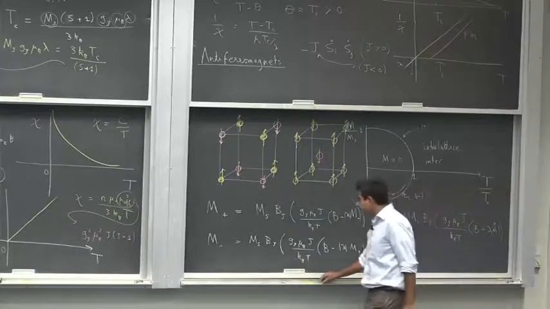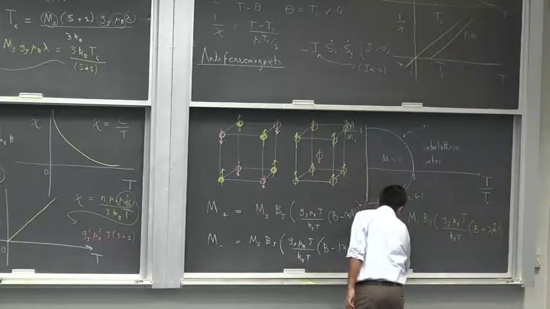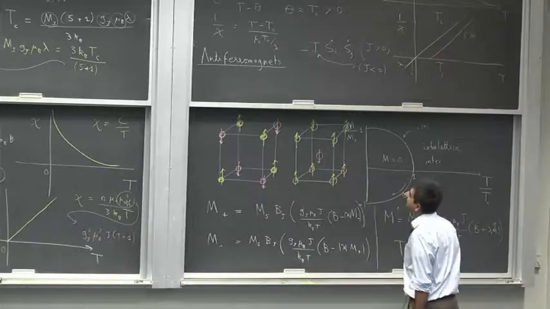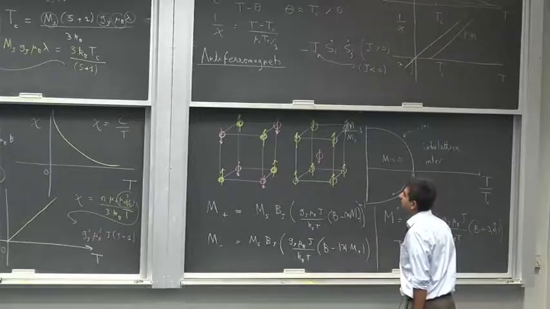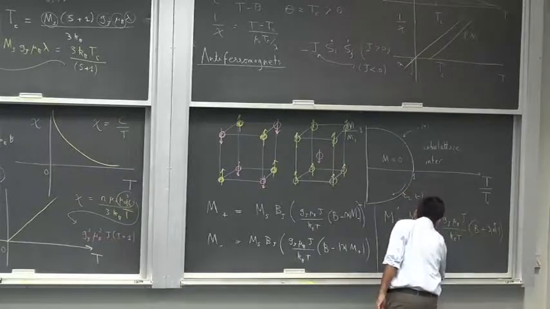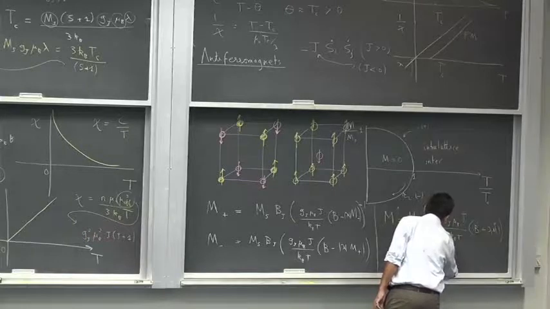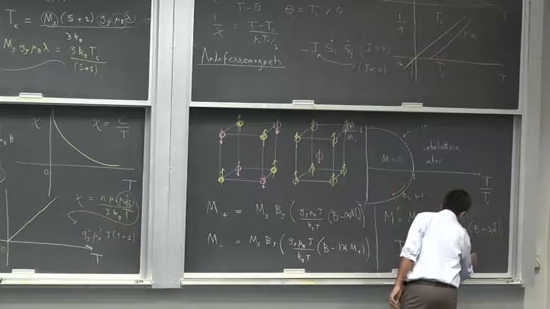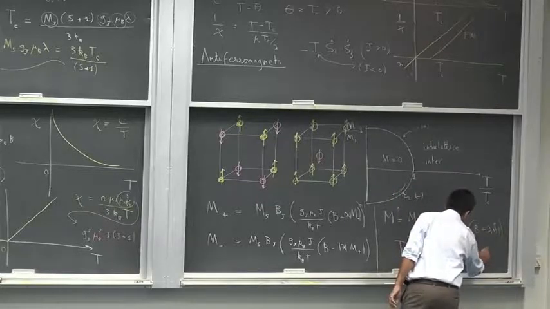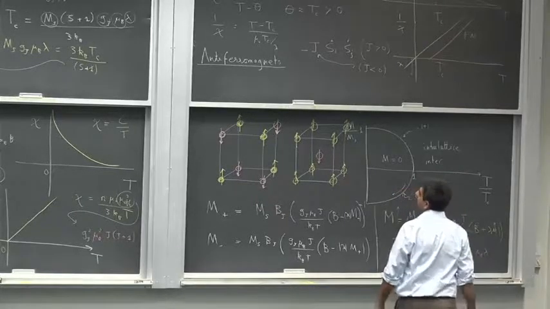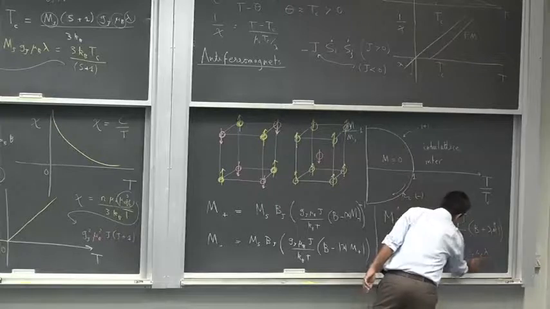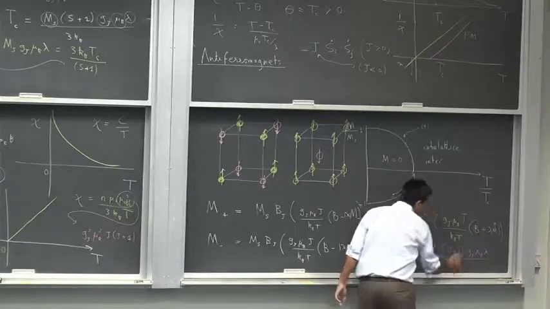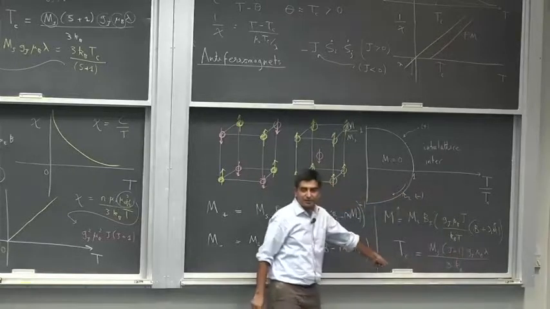That Curie temperature, Tc, is, I should remember this but I don't, equal to Ms (J plus 1) Gj mu B lambda over 3kB. Okay, this was the Curie temperature.